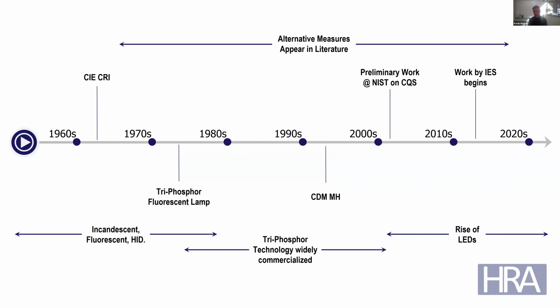But it really wasn't until the late 1990s and the early 2000s when LED light sources, light emitting diodes, came onto the market, where the problems or the shortcomings or limitations of the color rendering index really began to reveal themselves. And so a need was identified to develop a true new measure of light source color rendition that would be applicable to LED light sources as well as other light sources.